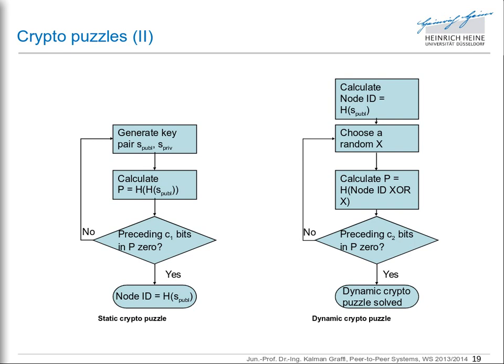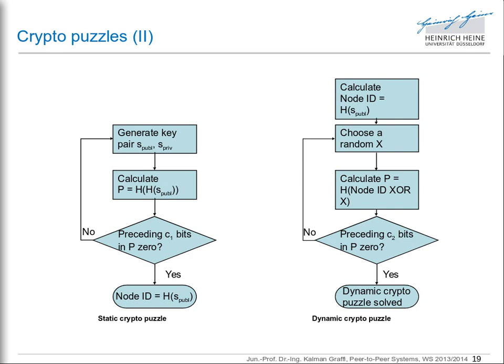First of all, we calculate the node ID as the hash of the public key. Now we choose a random number X or ID X. Then we calculate the XOR of node ID and X and hash this. This is called the P. And here again we check whether the preceding C2 bits in P are 0.